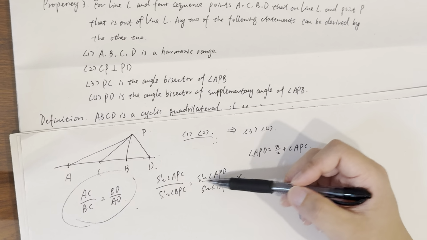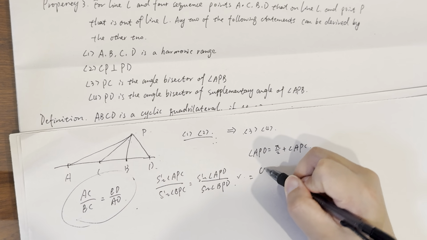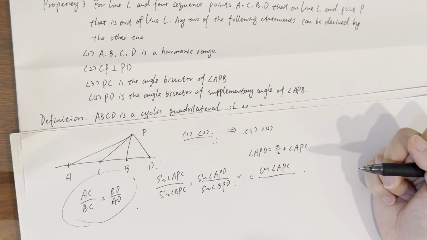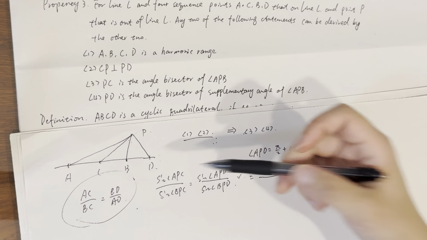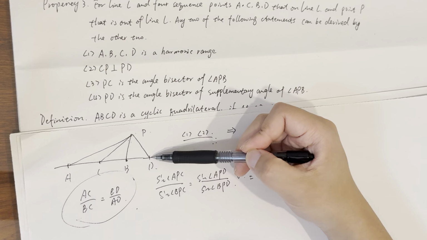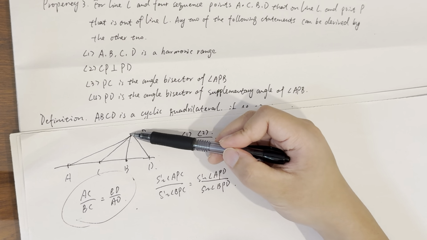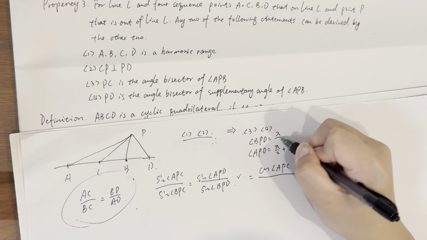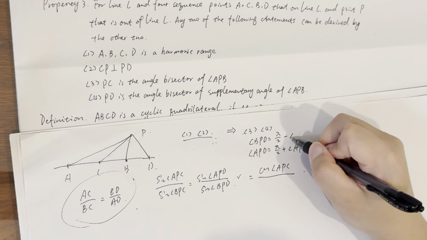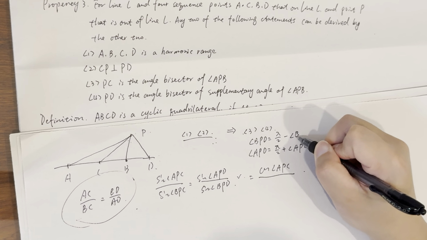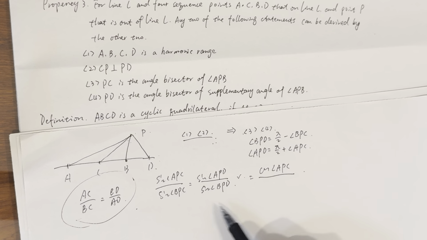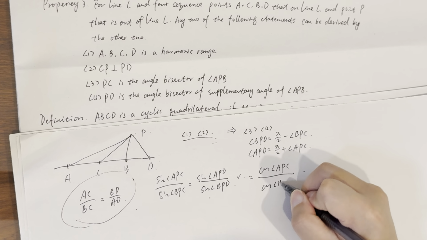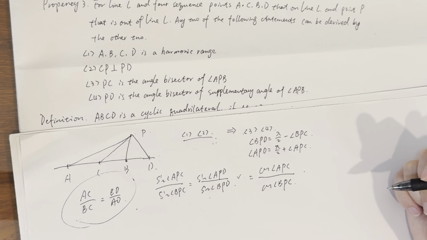That makes sine angle APD equal to cosine angle APC. And for the angle BPD, angle BPD equals 90 degrees minus angle BPC, which means sine angle BPD equals cosine angle BPC.